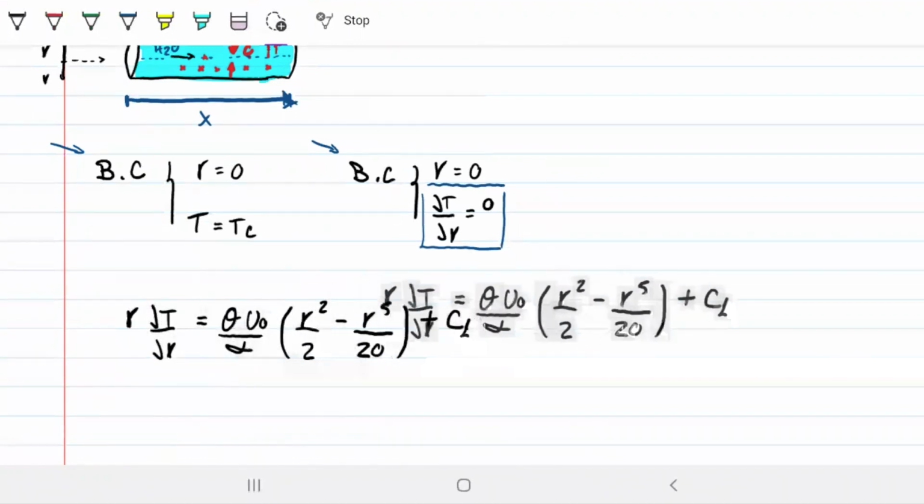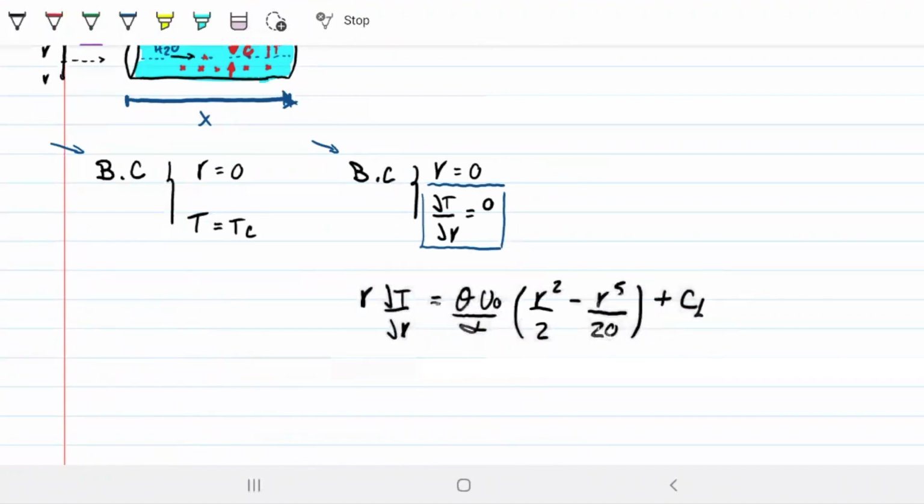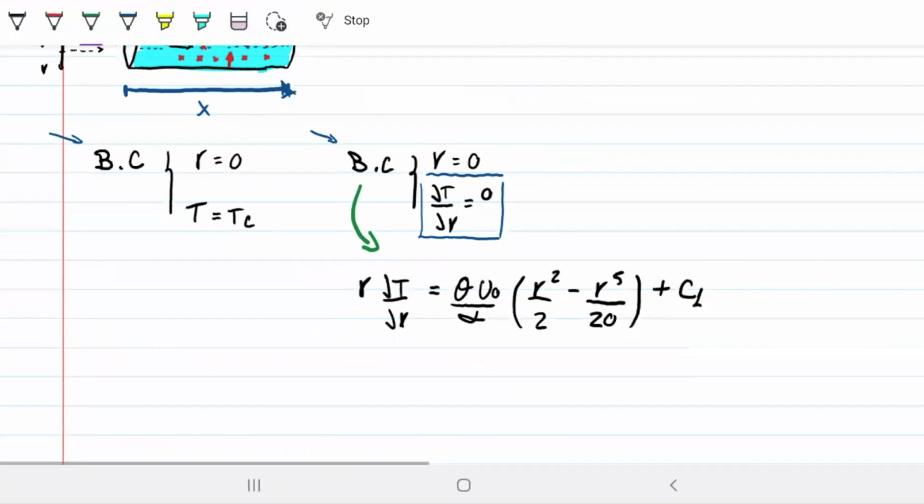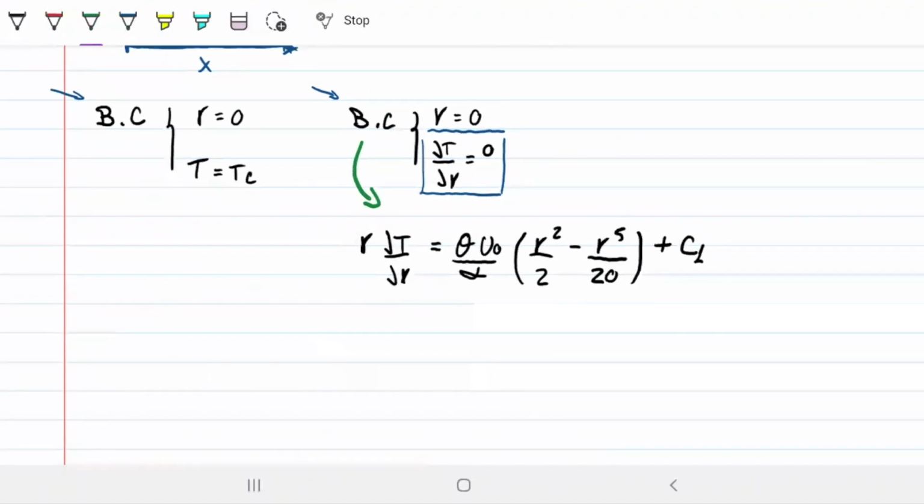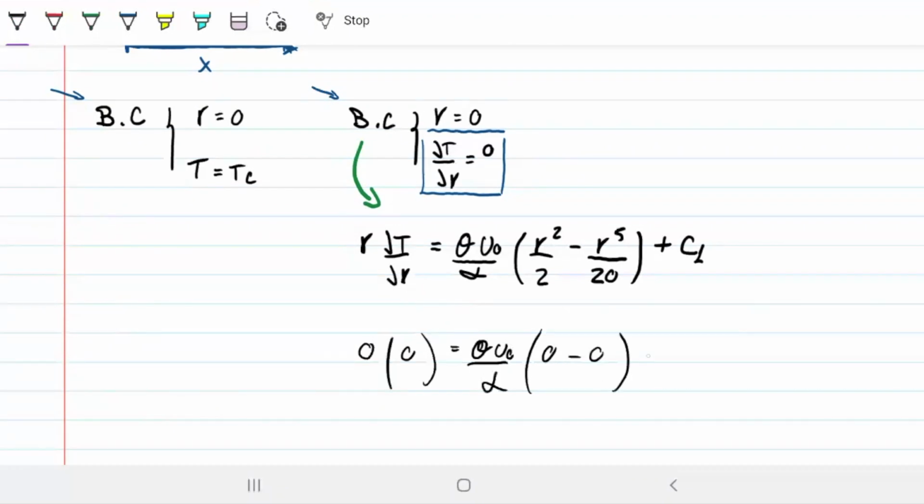Okay, so I'll apply this boundary condition here. When my radius is 0, my dT/dr is 0. So 0 times 0, u naught, diffusivity, 0 minus 0, plus C1. So therefore, C1 equals 0, like we would expect, like we expected, right?